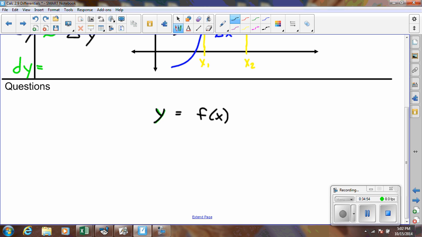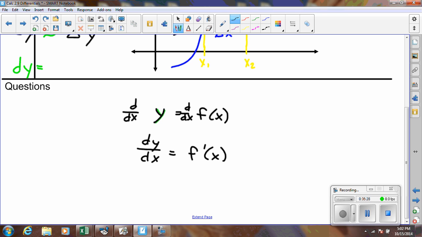If we take the derivative of both sides, on the left we get dy/dx, and on the right we get f prime of x. Well, our notation for dy/dx wasn't an accident. The derivative, remember, is slope. dy is rise. dx is run. So rise over run is equal to the derivative.